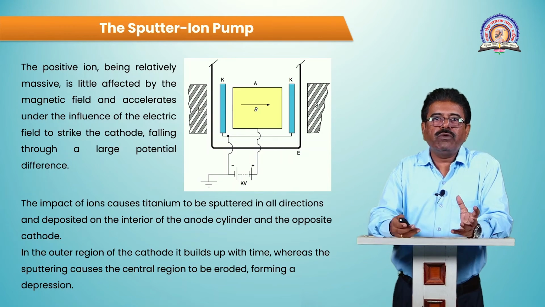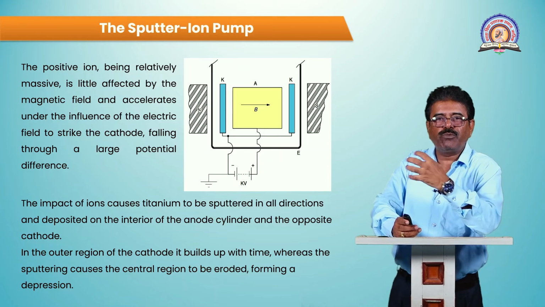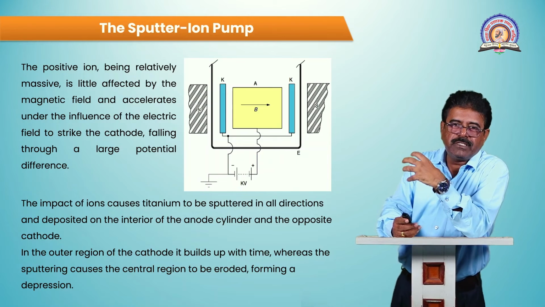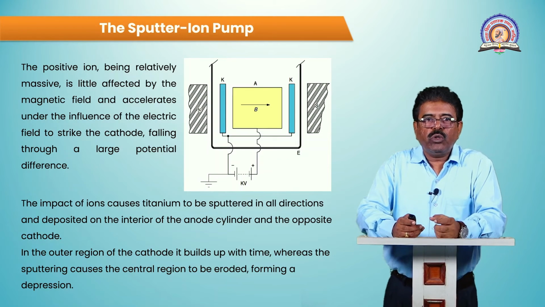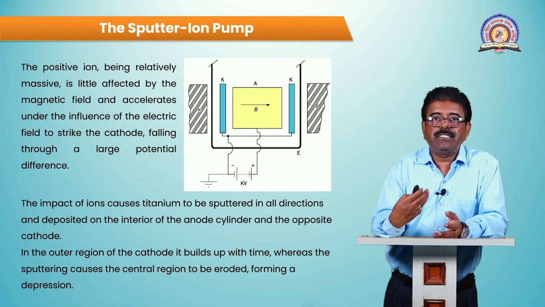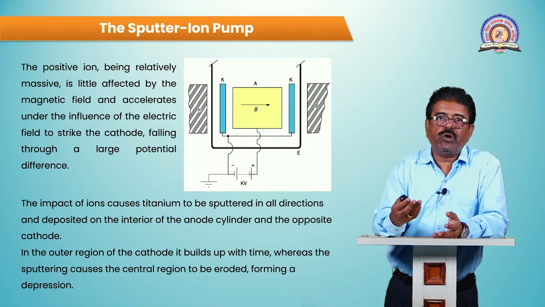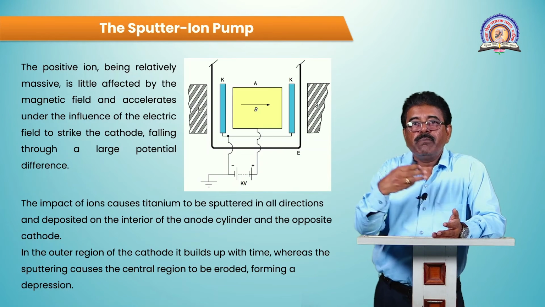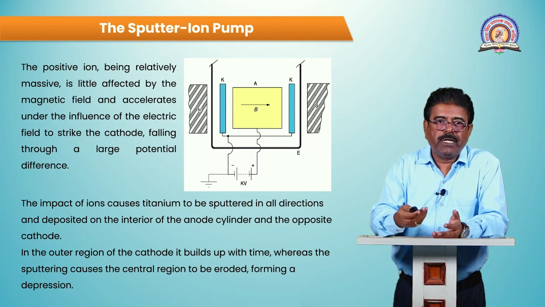And therefore, it will act as a getter material. The reactive gas molecules will react on this surface and they will get captured. Even if the inactive gas is present, since it is ionized, when the positive ions strike the cathode, some of the ions will get buried deep into the cathode material.